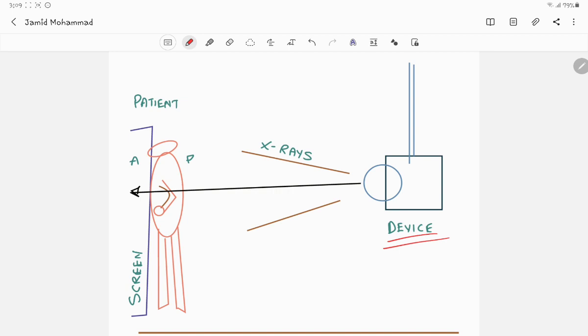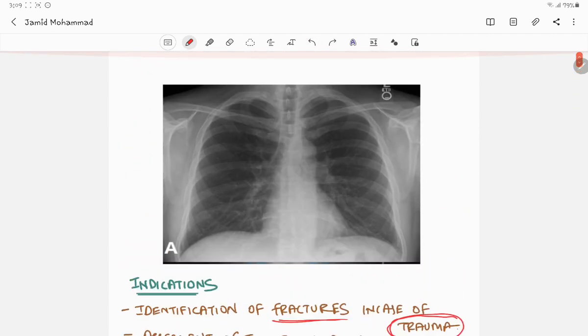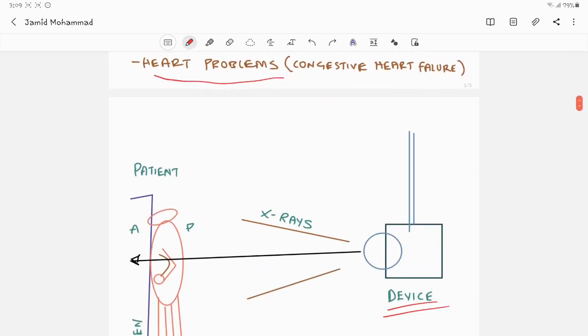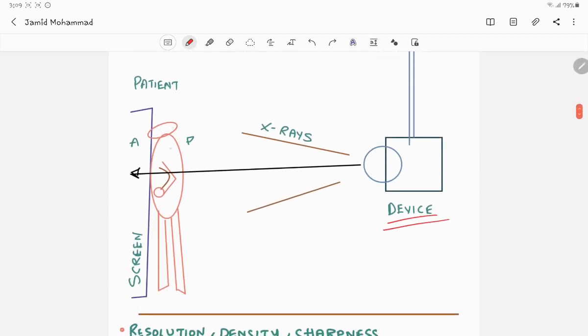The person who will go for an X-ray is supposed to stand in this position. This X-ray is a posterior anterior view X-ray. So in order to get an image like that, the patient is supposed to stand in this position. His face should be facing the screen, and his back, which is the posterior side, is supposed to face the device.